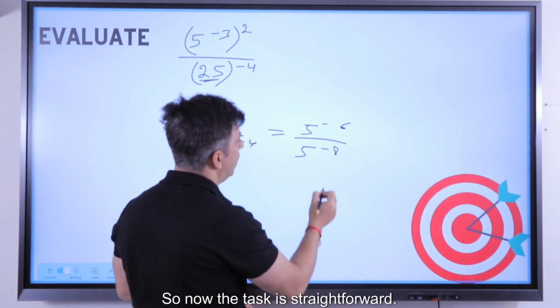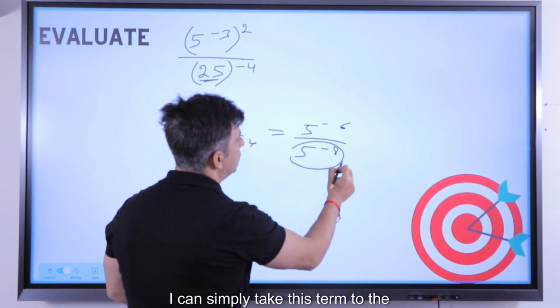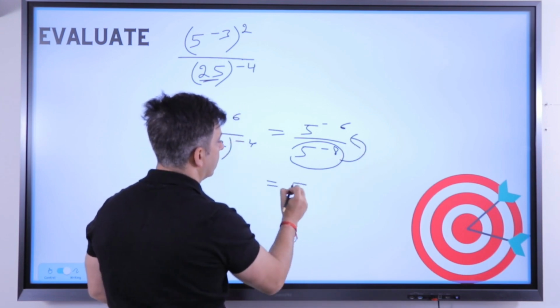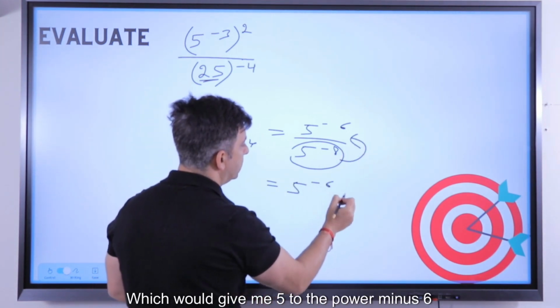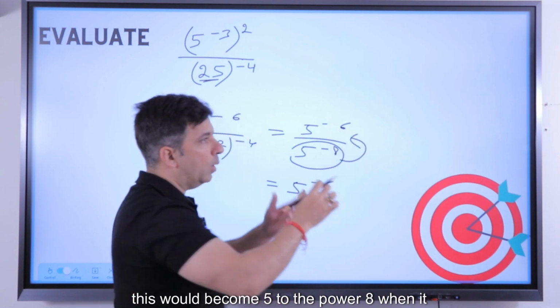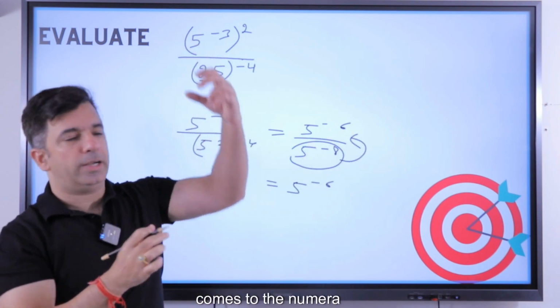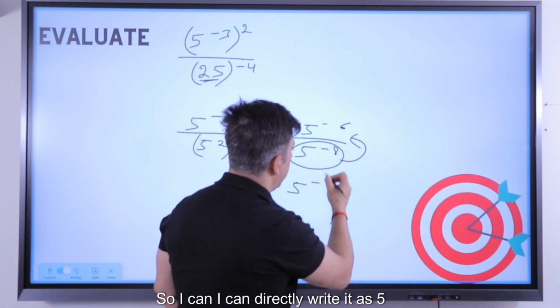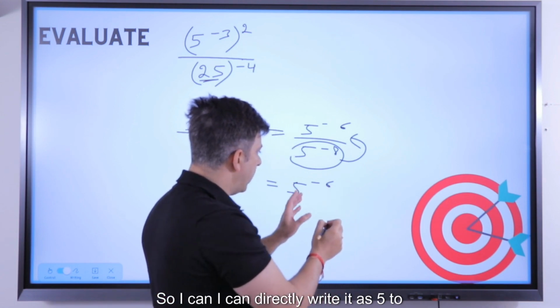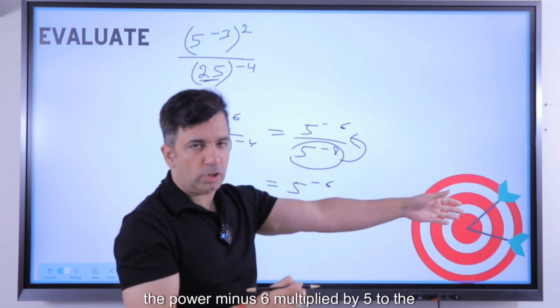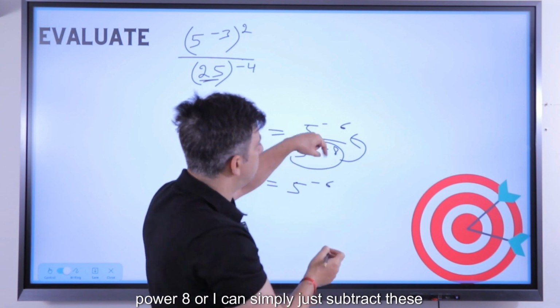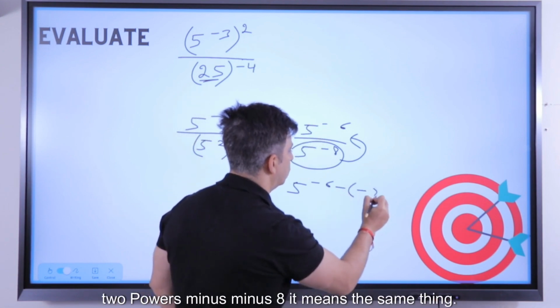So now the task is straightforward. I can simply take this term to the numerator, which would give me 5 to the power minus 6. This would become 5 to the power 8 when it comes to the numerator. So I can directly write it as 5 to the power minus 6 multiplied by 5 to the power 8, or I can simply subtract these two powers, minus 8.